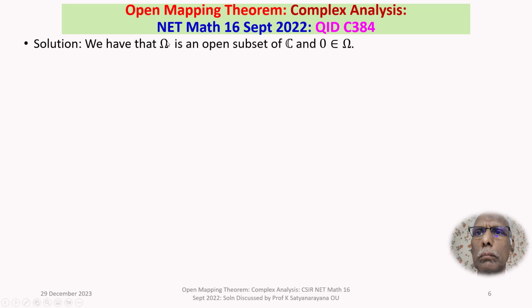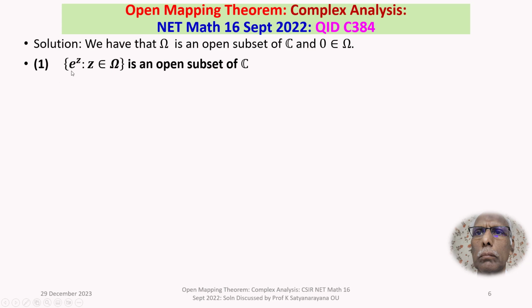We have that omega is an open subset of the complex plane C and 0 is an element of omega. Let's now discuss the validity of the statements given in options 1 to 4. We first consider option 1.